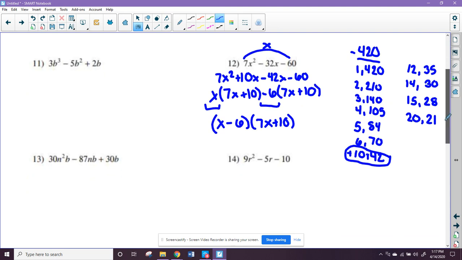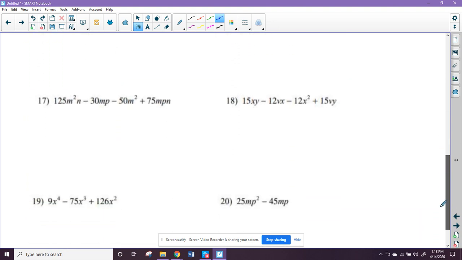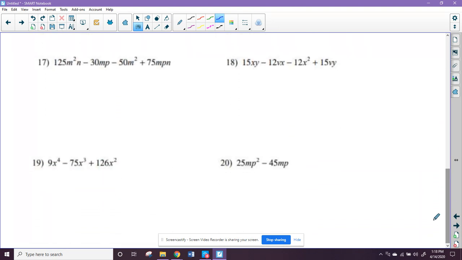Okay, let's go down to the bottom of the page and look at number 17. In 17, we have 4 terms, so our gut tells us we have to factor by grouping.